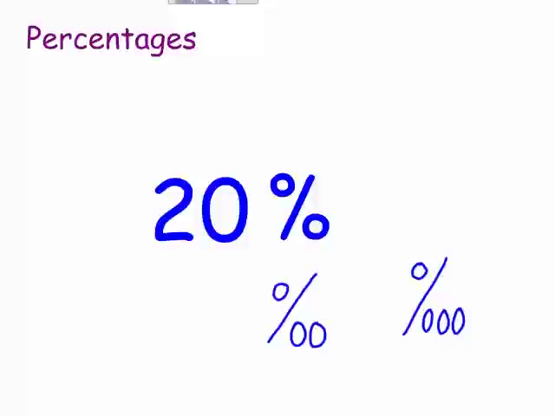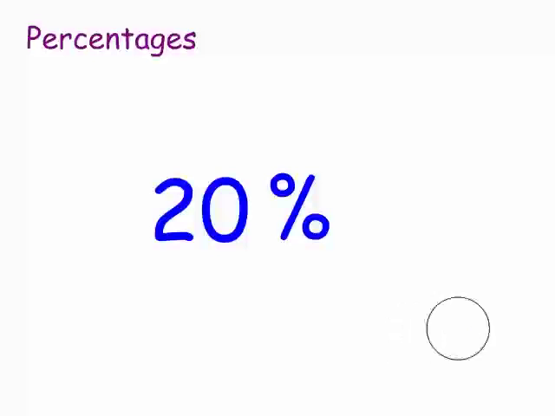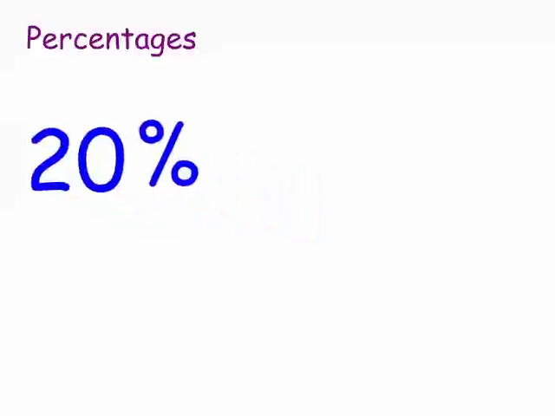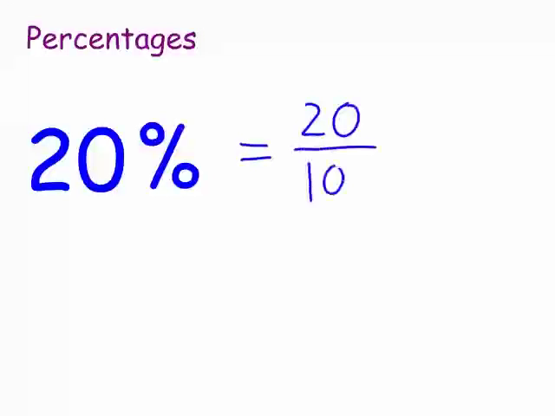Now, we would try and interpret what 20% means. Well, 20% is 20 out of 100, and that is equivalent to a fraction. We know it's equal to 20 out of 100, and hopefully we can see that we could cancel that down to 1/5.